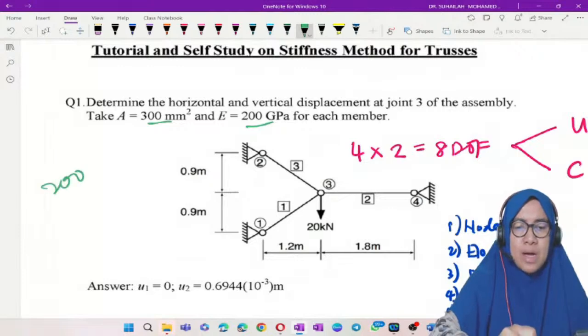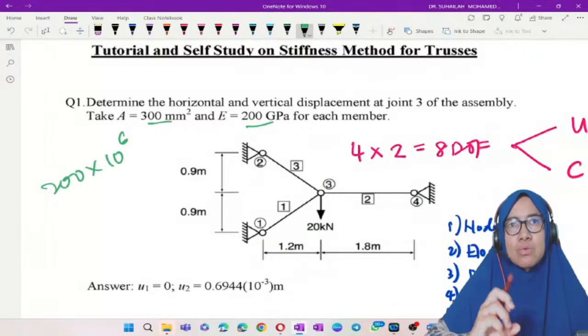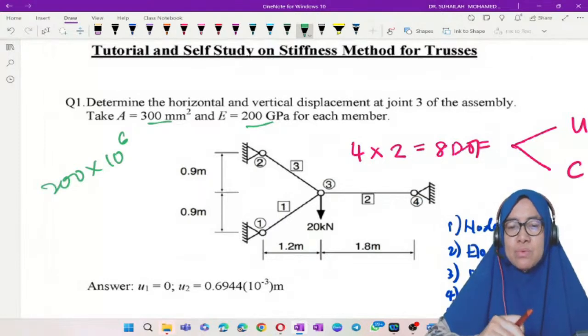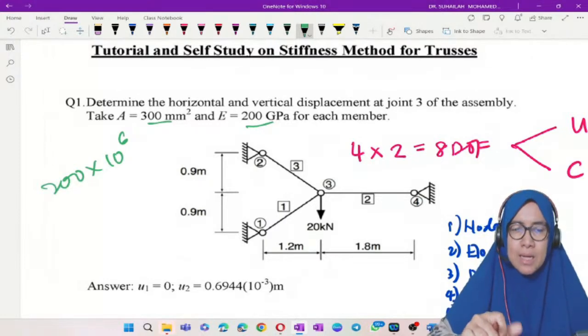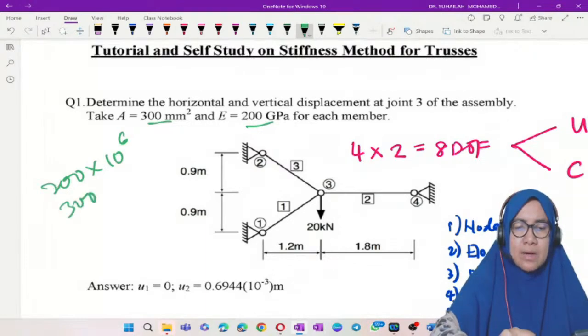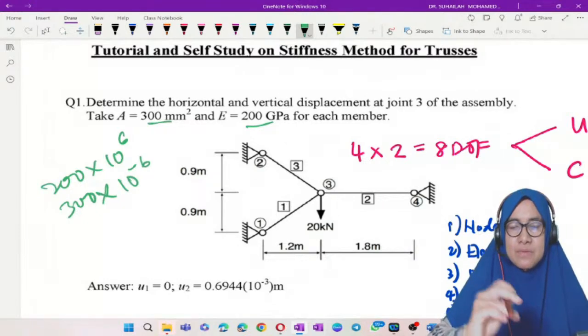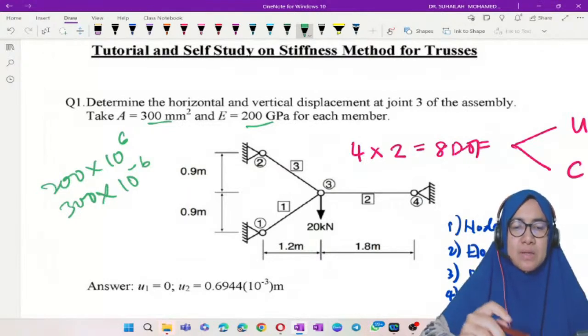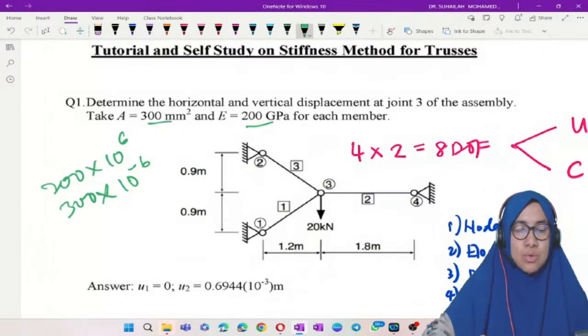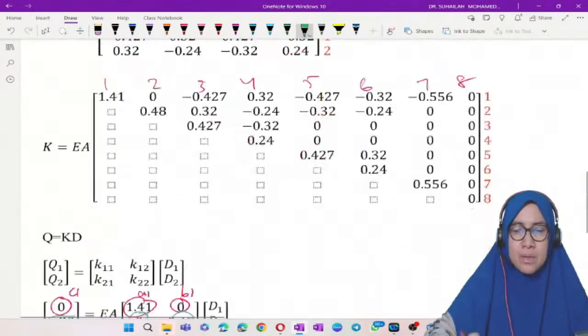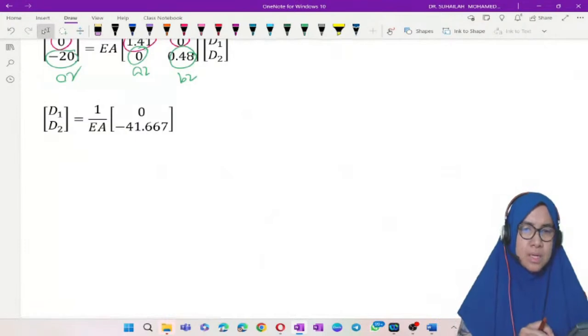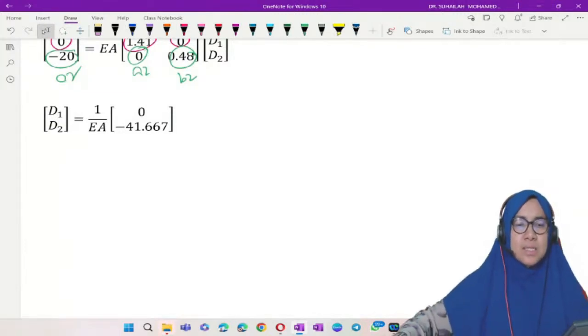So it is 200 times 10 to the power of 6, because 200 GPa we have to change to kilopascal, and A is 300 times milli, milli is negative 3, so it is 10 to the negative 6. So it is 200 times 300. Now we just substitute: 41.667 divided by 200 times 300.